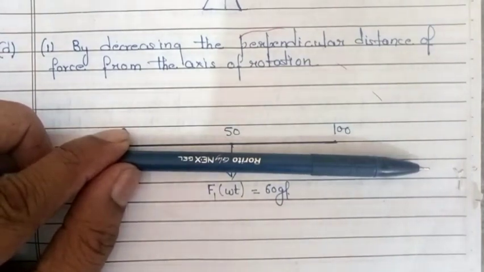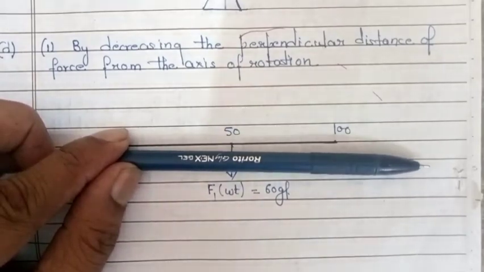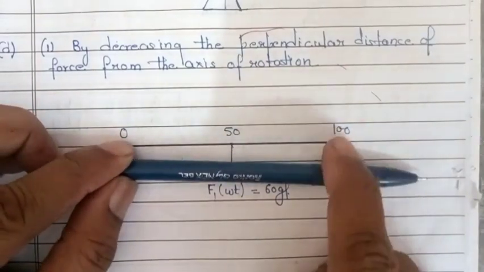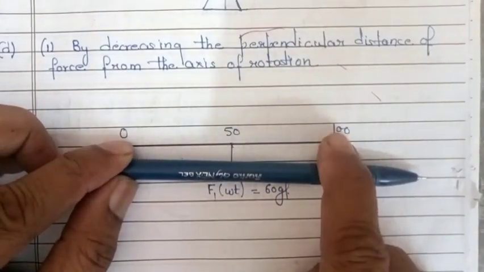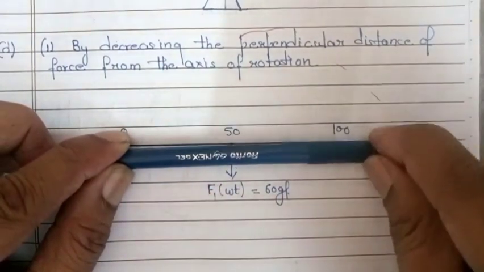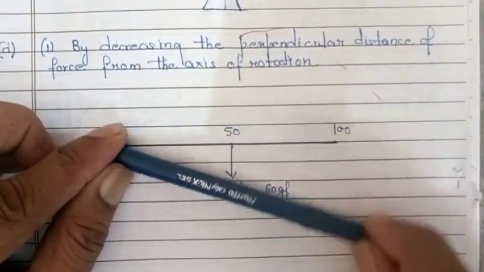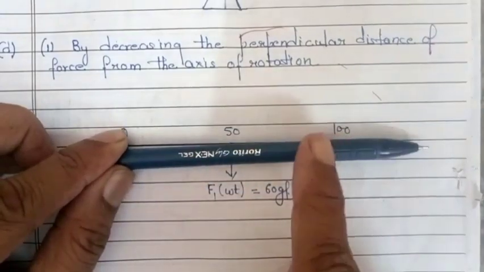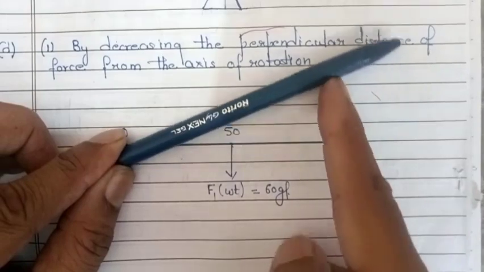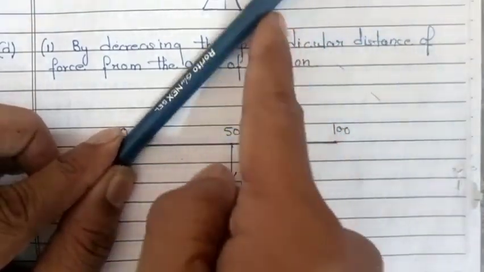You have to make it equilibrium with the help of least force. Now, to apply the least force, distance should be maximum. So that means you will apply the force at this end. And this force, that is the weight, is producing clockwise moment. So to balance it, you will apply the force at this end and the force should be in upward direction so as to get the anti-clockwise moment.